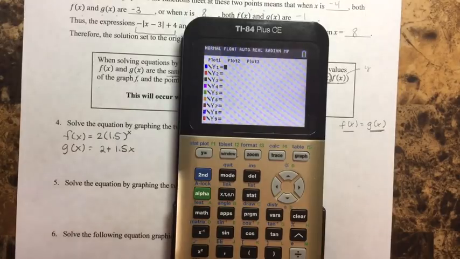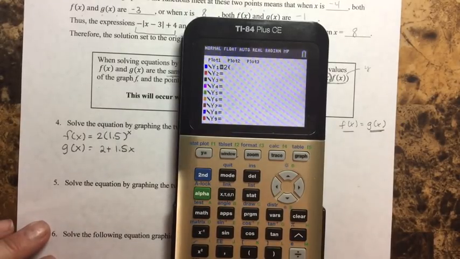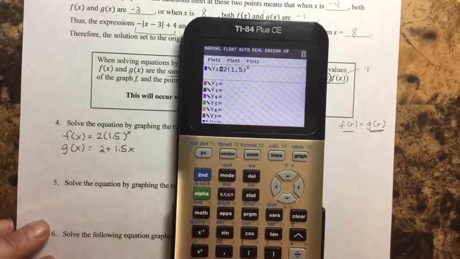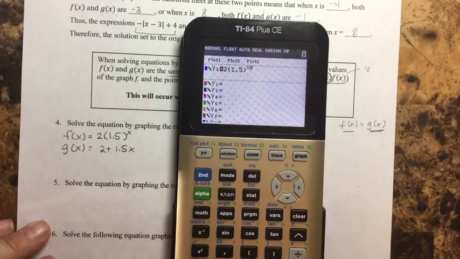Okay, so the first one is 2 times, I'll zoom in once I get them in there, 1.5 to the x. Okay, there's my first function, and it's going to be in blue. And then I scroll down, and I do 2 plus 1.5.